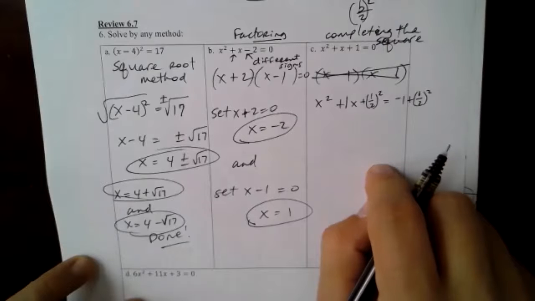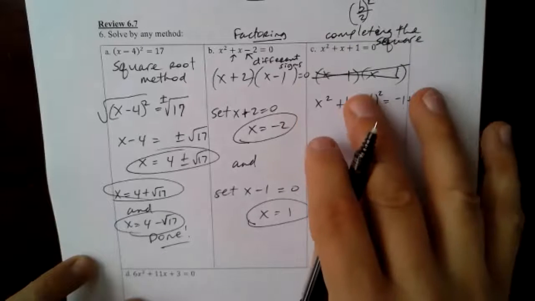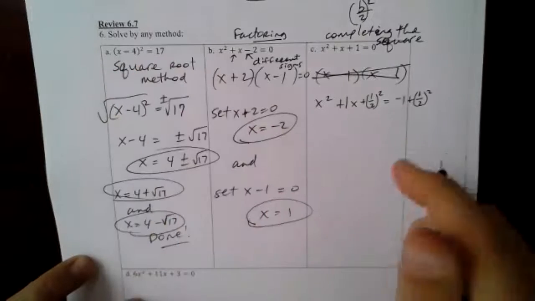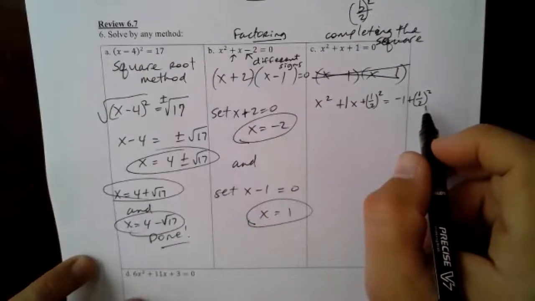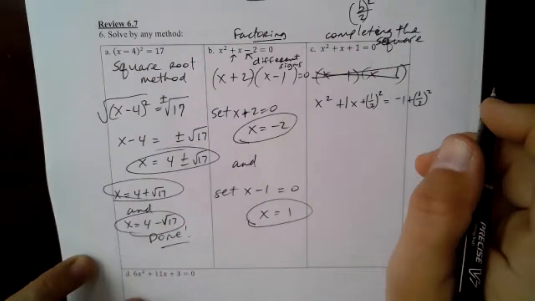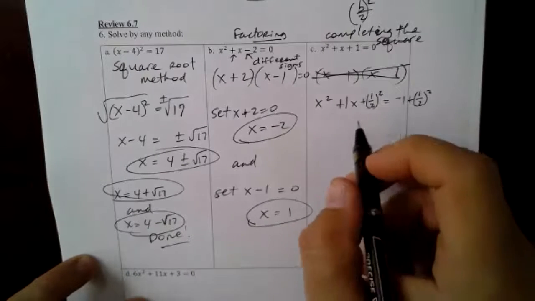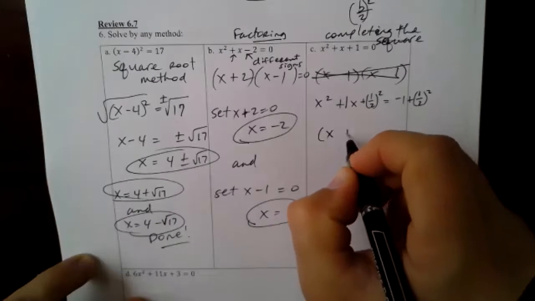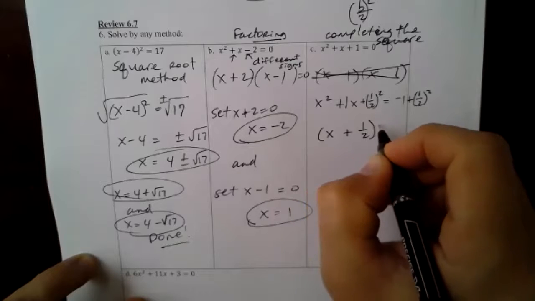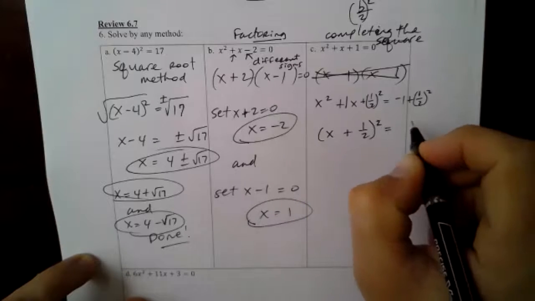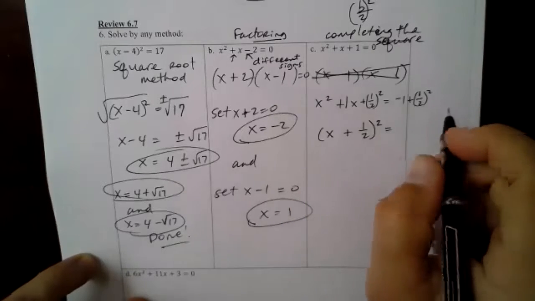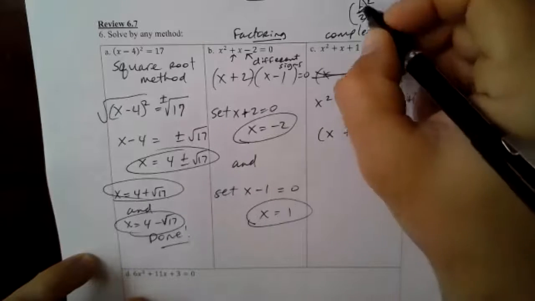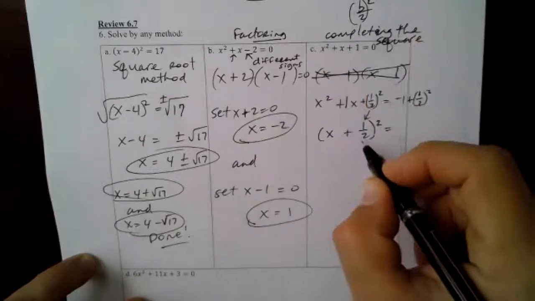This is called completing the square. And so when you complete the square, you end up with the square root method here. Remember, the completing the square method is going to take a little bit more brain power here, because this b over 2 term is the term that goes right here.